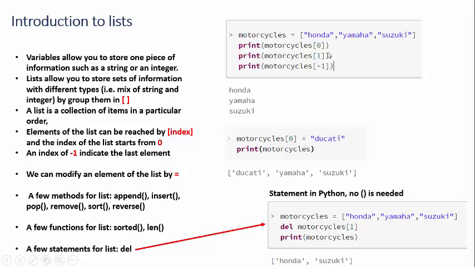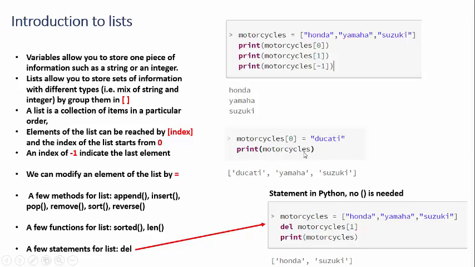So we can refer to different elements of a list by the square bracket with an index in it. We can also modify each individual element just as we modified a variable in the previous video by using the equal sign.